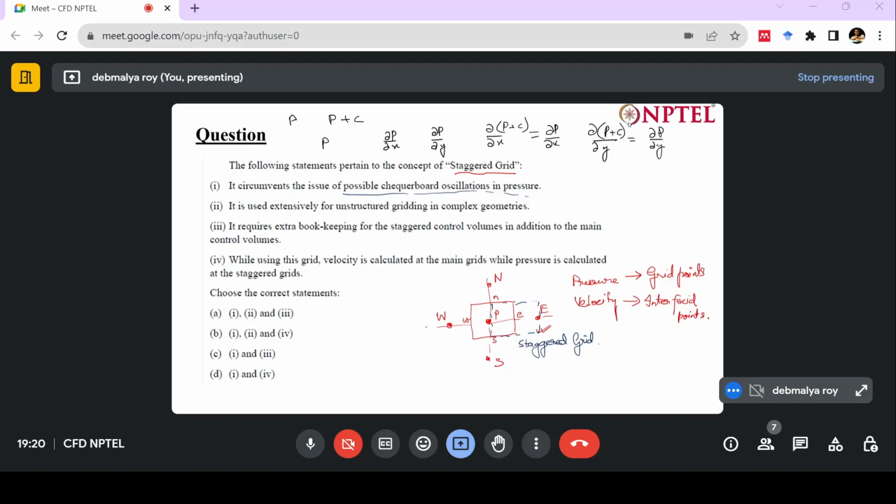So let us try to imagine a case where this staggered grid is not there. Let us take a 1D case. In this 1D case, these are the grid points, and these lines are the interfaces. Let's say this is A, this is B, this is C, this is D. While solving for this control volume, the pressure we will be interested in is PC minus PP.